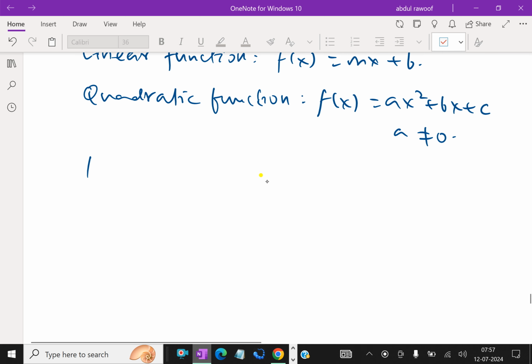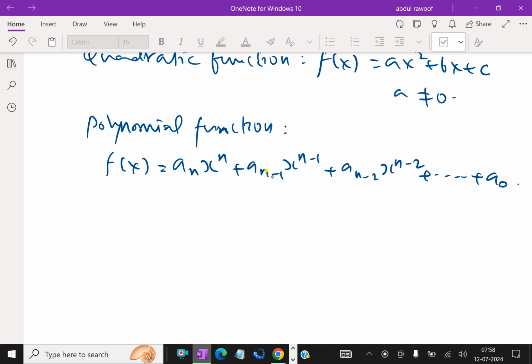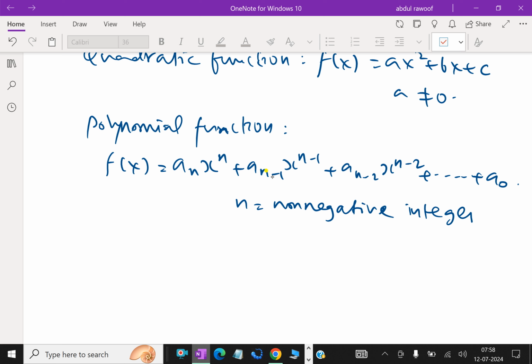Next, the polynomial function. That is f of x equals a_n x to the power n, plus a_(n-1) x to the power n minus 1, plus a_(n-2) x to the power n minus 2, and it goes on, finally a_0, where n is a non-negative integer, and a_n should not be equal to 0.